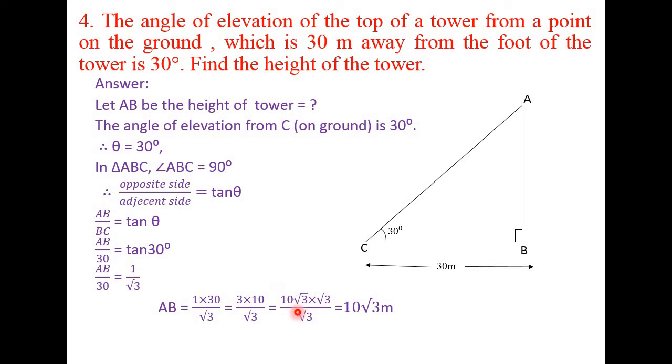The final answer we get is 10 root 3 meters. So the height of the tower AB is 10 root 3 meters. This is how we can calculate the height of the tower by using a trigonometric ratio.